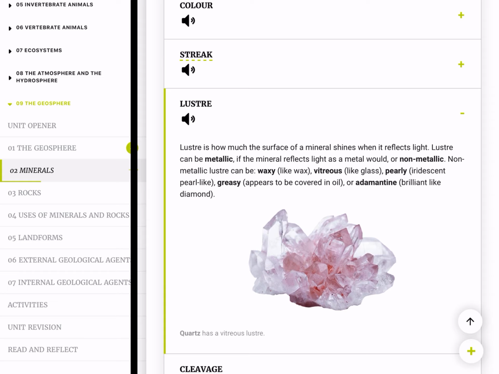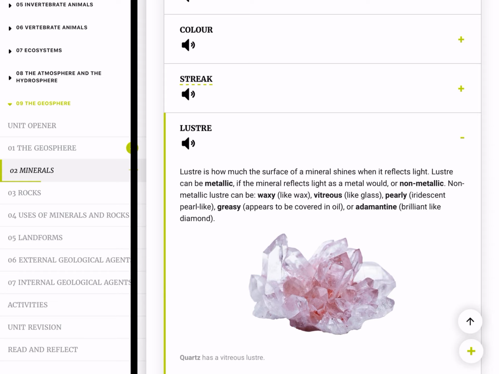Vitreous, if that mineral reminds us of a piece of glass. Or pearly, looks like a pearl. Greasy, covered in oil. Or even adamantine, if the mineral looks like a diamond. This property is like color, so it's quite tricky because the same mineral sometimes has different luster.